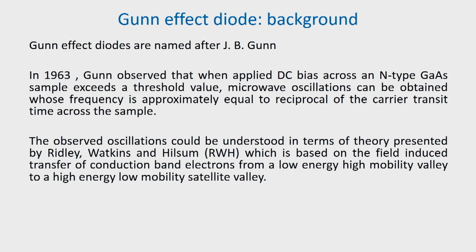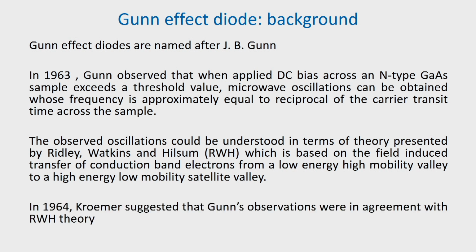So, whatever was observed by Gunn experimentally could be explained in terms of the theory presented by Ridley, Watkins and Hilsum. In 1964, Kroemer suggested that Gunn's observations were in agreement with RWH theory.